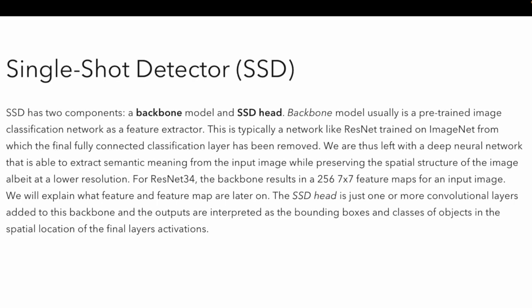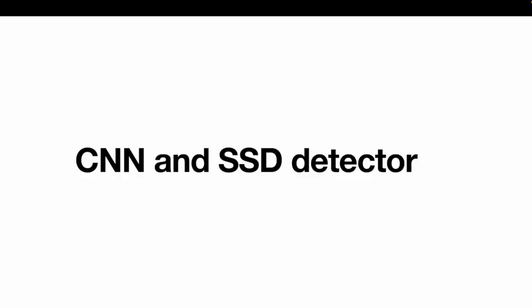It is a pre-trained image classification network as a feature extractor. Also, I forgot to mention that we are using a list of names, a file named coco.names, that contains all the names like person, bicycle, all the classification names that will be used for labeling.